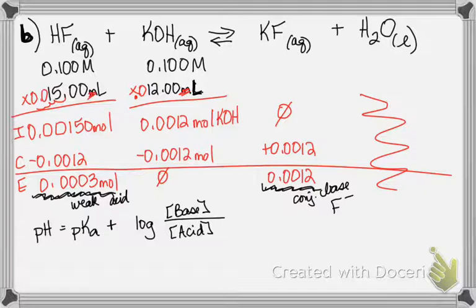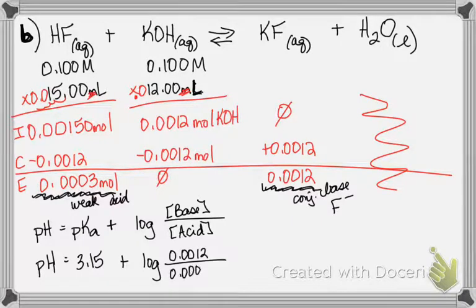If you'll recall, pKa is the negative log of the Ka, and we took the Ka earlier, which is 7.1 times 10 to the minus 4. So the pKa is 3.15 plus the log of the base concentration divided by the acid concentration.